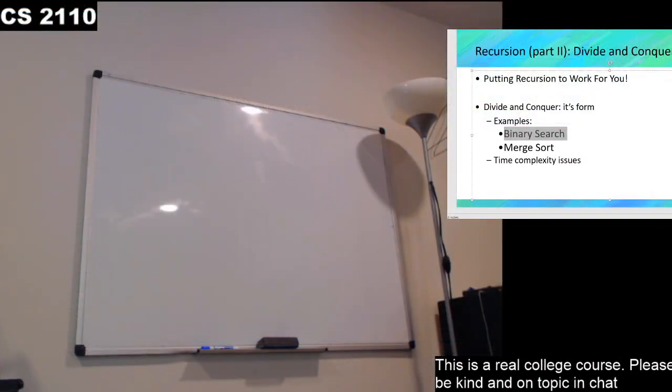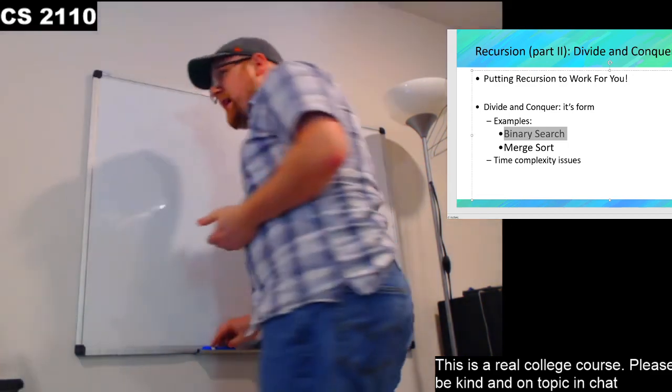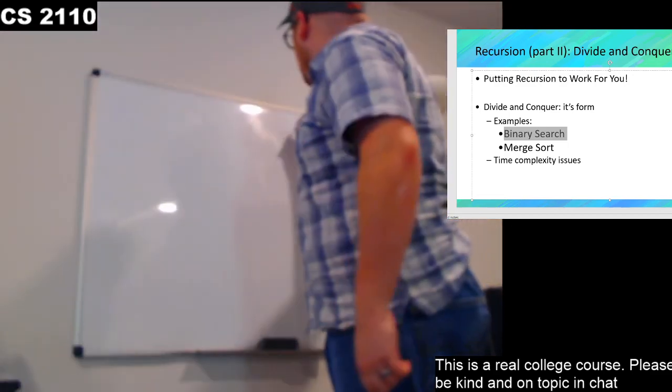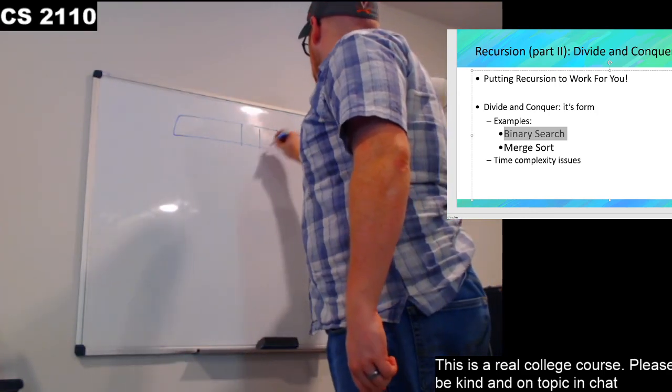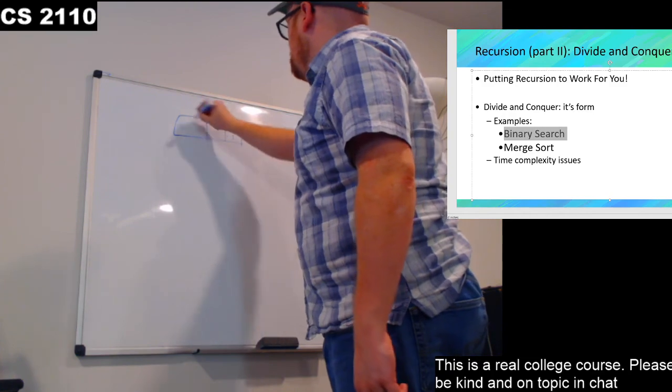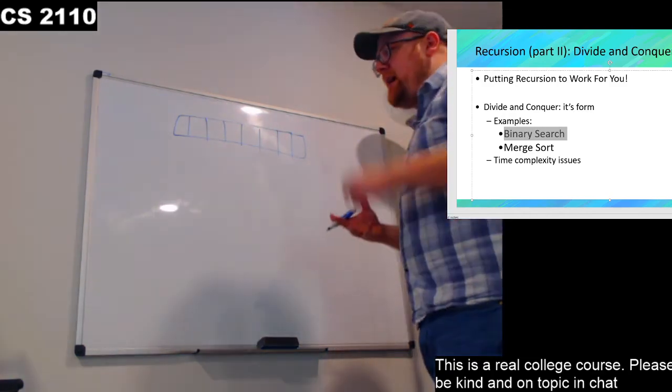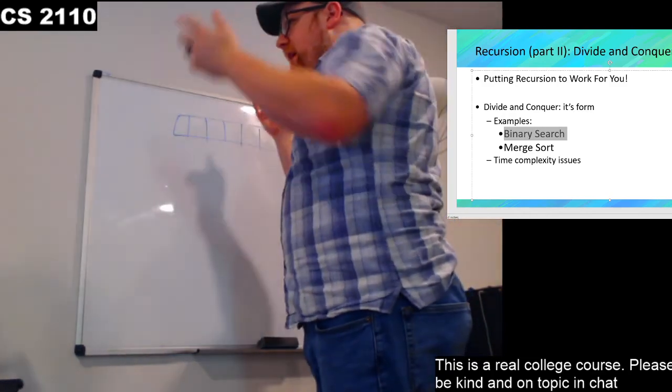Yesterday, we talked about how selection sort was quadratic time. I gave an example where I took an array of size 8, whatever the contents are.